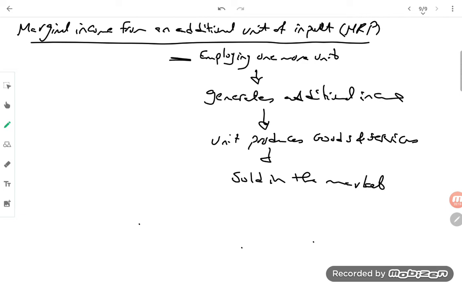So employing one more unit generates income, as this unit will help the firm to produce additional units of goods and services, which will be sold in the market. So this is the income generated by the additional unit employed.